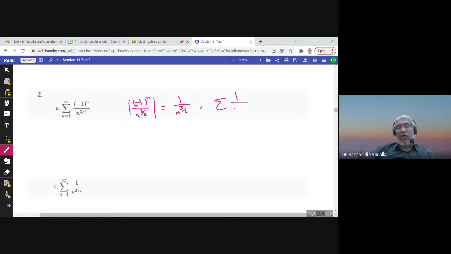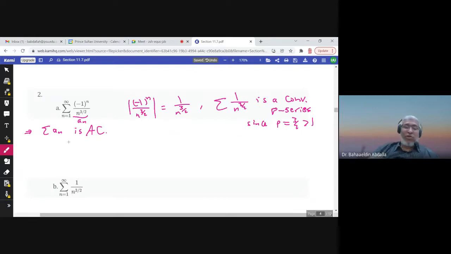And summation 1 over n to the power 3 over 2 is a convergent p-series. Why? Since p is 3 over 2, greater than 1. So summation an is absolutely convergent, because when I take the absolute value, I found that it's convergent.